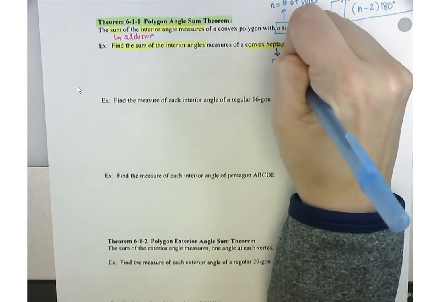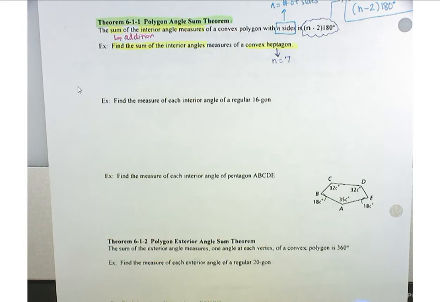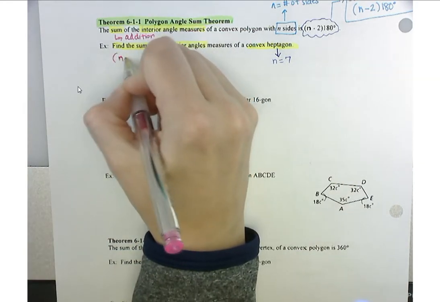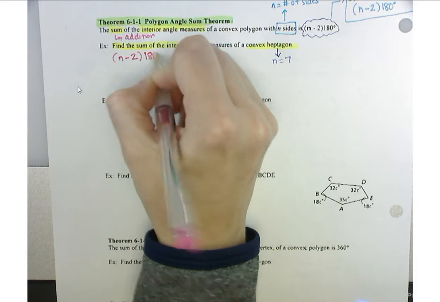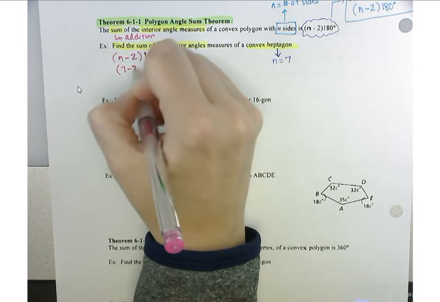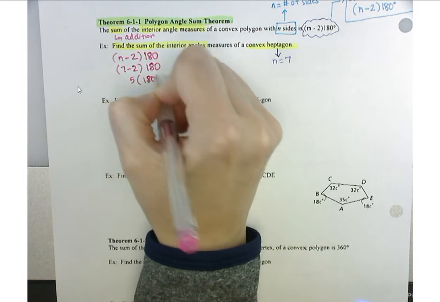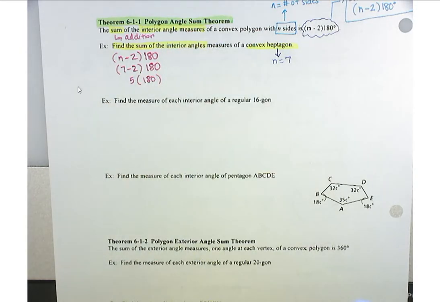If it's a heptagon, we talked about earlier today, that's going to have 7 sides. So then all I have to do is insert 7 into my equation. So 7 minus 2 times 180 means that I'm going to end up multiplying 5 by 180.